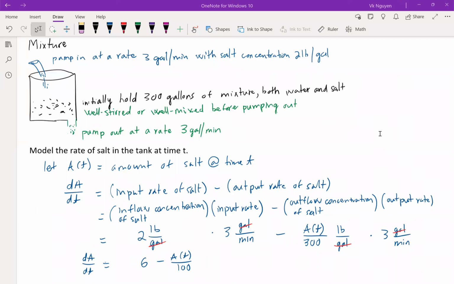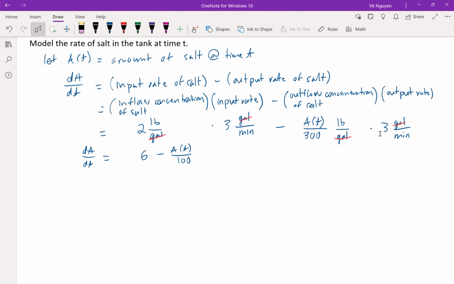Now we can solve for the amount of salt at time t. This is a separable differential equation because we can make it so. dA over dt is (600 minus A) over 100.